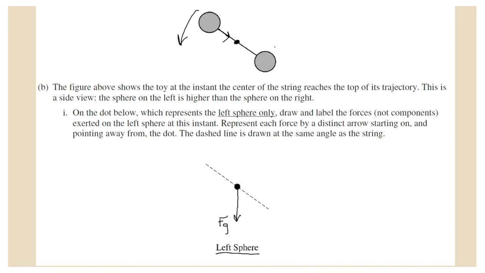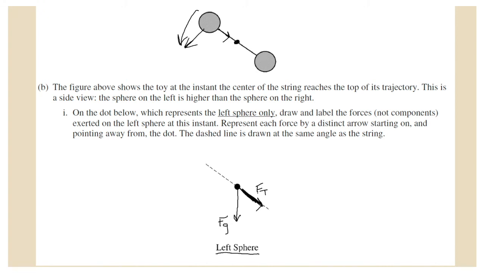And that force is the tension. It should be clear also that this thing is going to want to fly off in the direction tangent to the circle because of its own inertia. And so the string has to pull on it inward, like this, in order for it to continue moving with the other sphere.